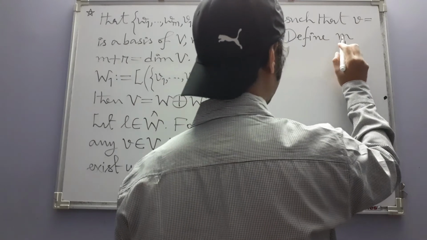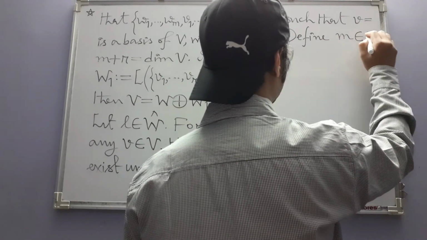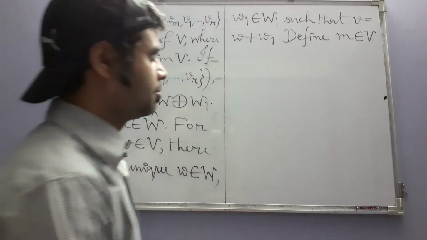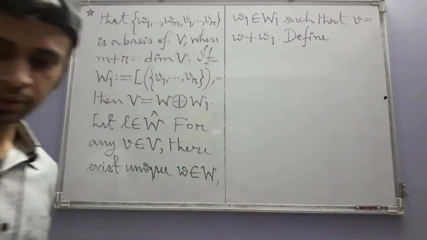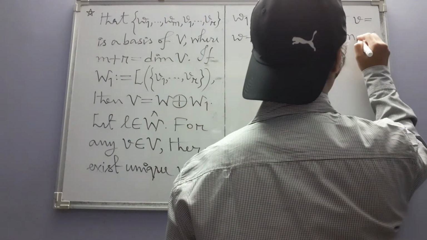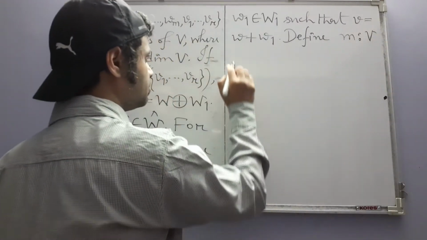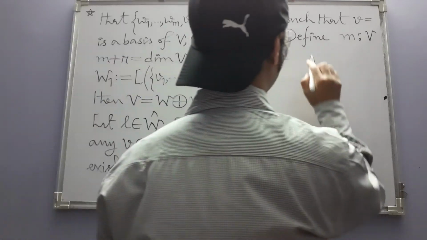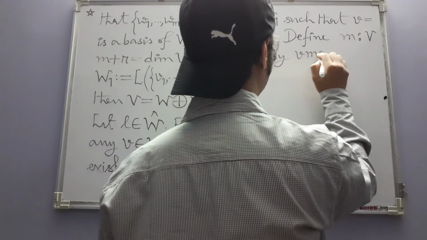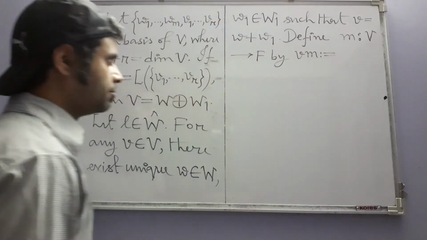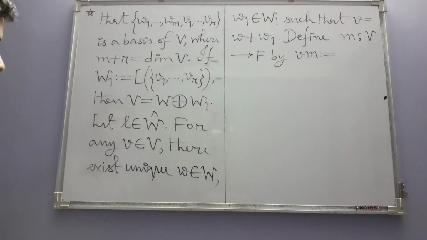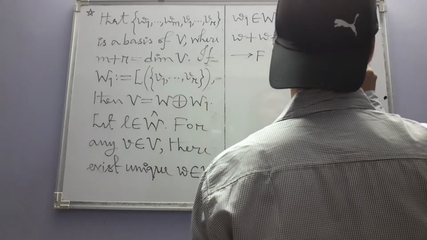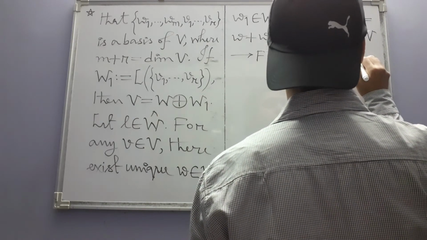This is going to look weird, but let's just call it M. We cannot directly write that M belongs to V hat. We have to show that. Define M to be a function from V into F by this rule: M of V is equal to L of W.